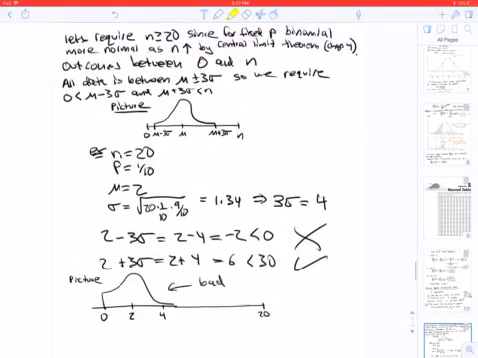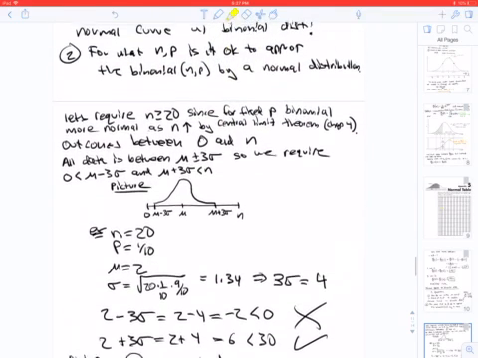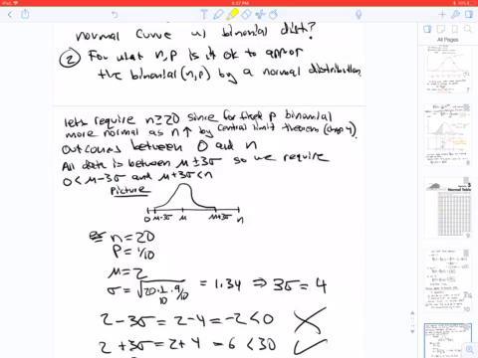So what we do need is, let's require that n be greater than 20 so that our binomial looks more normal. And furthermore, let's require that our data be between mu plus or minus 3 sigma.